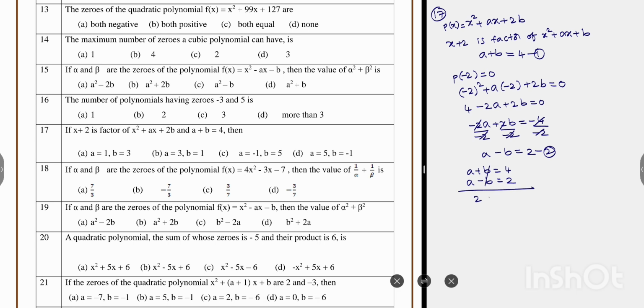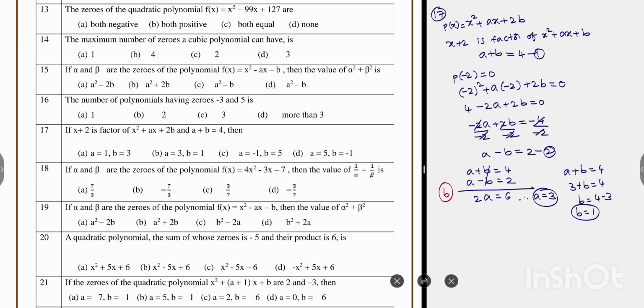Adding, b and minus b cancel, 2a is equal to 6, therefore a is equal to 3. If a is equal to 3, we know a plus b is equal to 4, so 3 plus b is equal to 4, so b is equal to 4 minus 3, b is equal to 1. So a is equal to 3, b is equal to 1. Option B is correct.